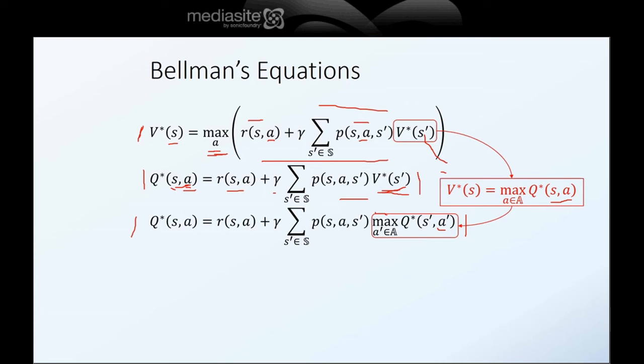This is again a very important relationship, because it has transferred the max from the outside to inside here. And when we do the maximization, it's important to note that we do not need the transition probabilities. This is the transition probability. It lies outside the max.